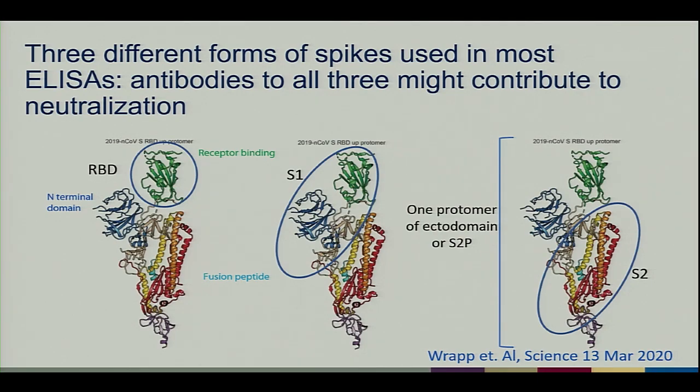S1 is used in multiple assays, and that is the receptor binding domain with the N-terminal domain, shown there in blue. And then full spike, or spike ectodomain, or S2P, is the receptor binding domain and the N-terminal domain, along with the S2 domain, which I've circled there on the right. Next slide, please.